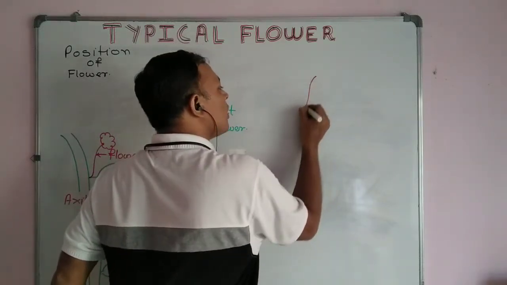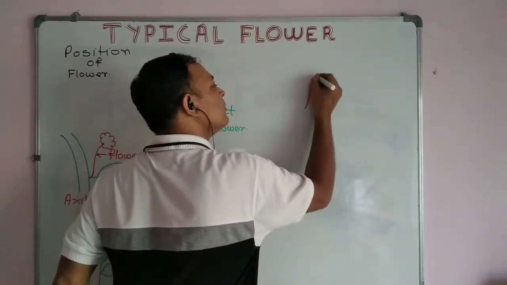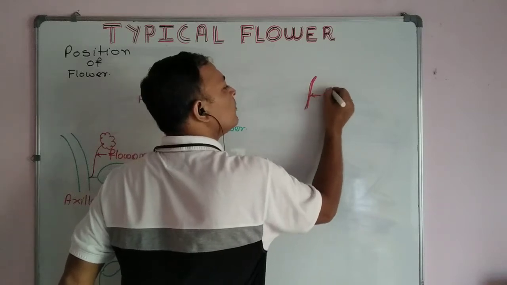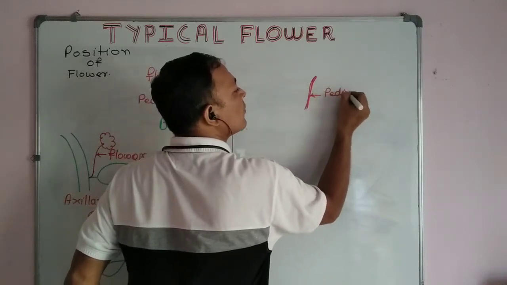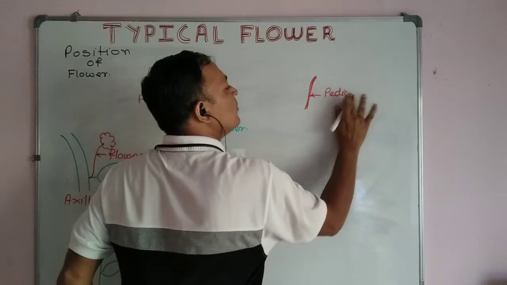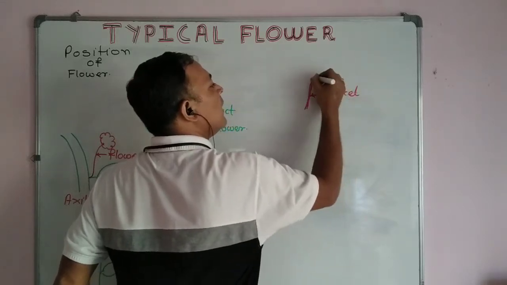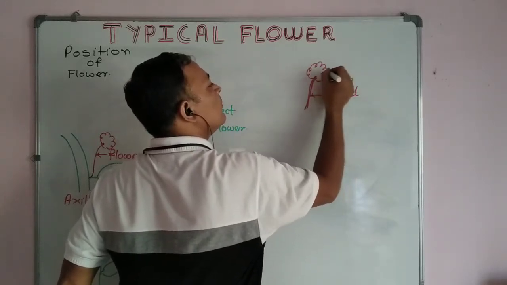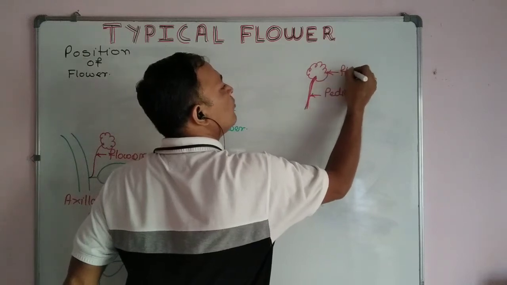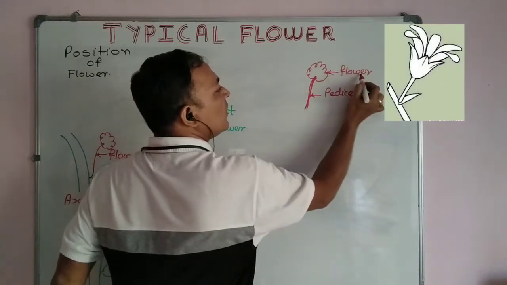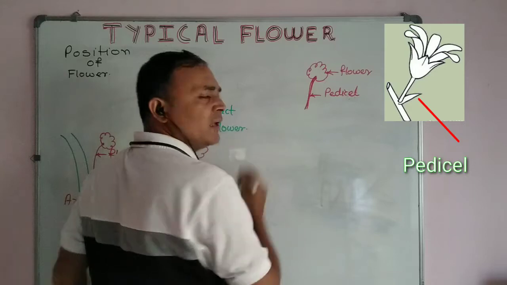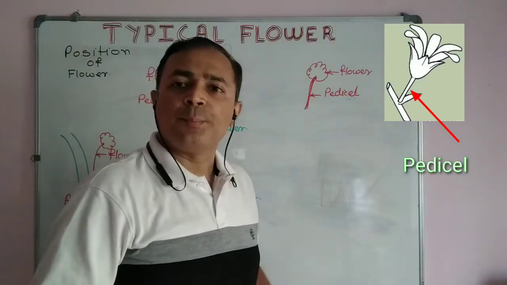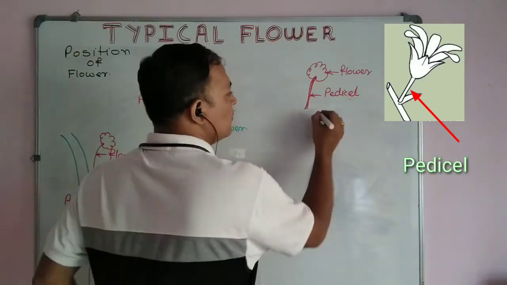The pedicel is a stalk-like structure. And this is a flower. So a flower having a pedicel is called a pedicellate flower.